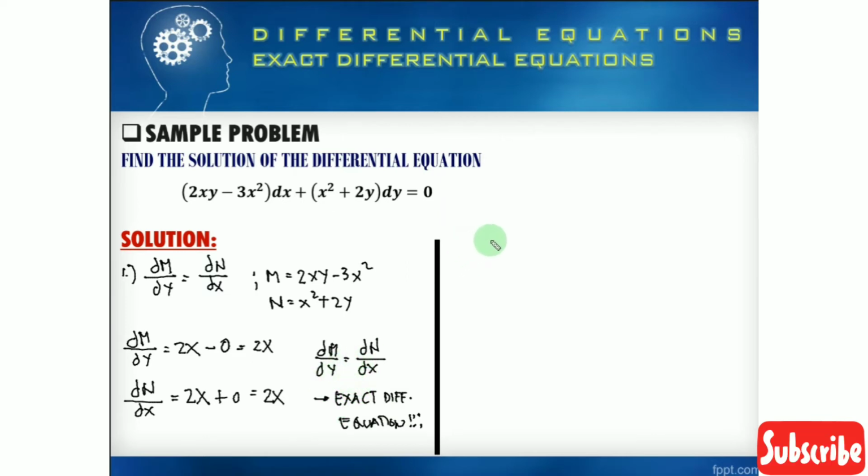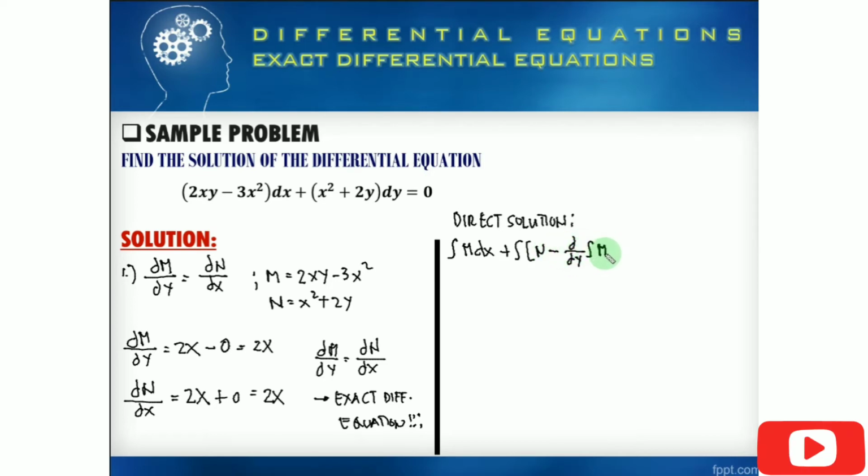So our solution for this, this time we are going to use this direct solution. Okay, its form is this integral of m dx, plus the integral of this quantity here inside the bracket, this is n, minus we have here the partial derivative with respect now to your y of your integral of your m dx.